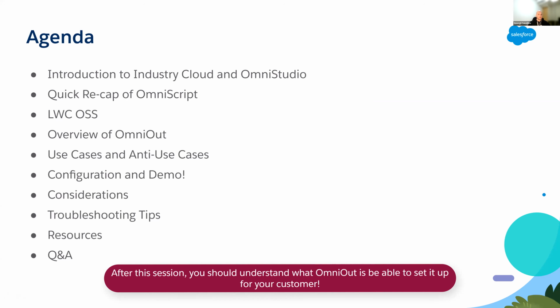We'll talk about some good use cases and not good use cases to use OmniOut. Evelyn will help us with doing the configuration and demo of taking an OmniScript and deploying it via OmniOut to Heroku, and then he'll walk us through some considerations, troubleshooting tips, and we'll finally go through some resources to learn more and close with a Q&A.